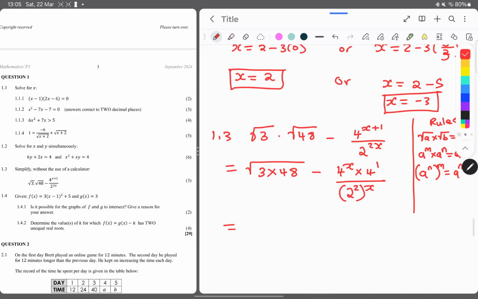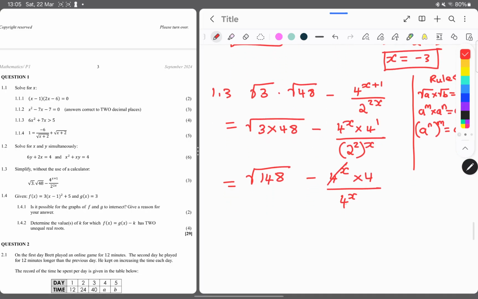And then I will have the square root of 3 times 48, so that is 120 plus 8 times 3, it's 16, it's 24, therefore it's 148. The square root of 148 minus 4 to the power x multiplied by 4 divided by 4 to the power x. And 4 to the power x cancels 4 to the power x.